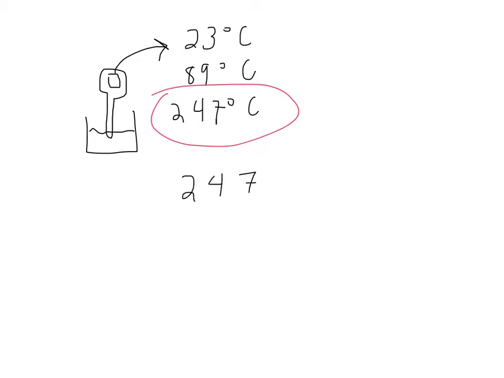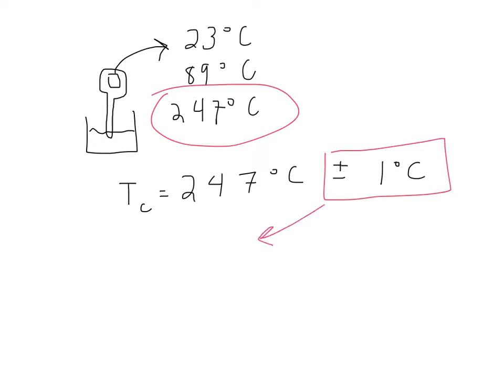So what we do is we say the Celsius temperature is 247 degrees Celsius plus or minus 1 degree Celsius, or maybe 2 degrees Celsius, or whatever it might be. We're going to see some rules later for figuring out what the uncertainty is. But the important thing now is that this is the uncertainty, right? That is uncertainty.